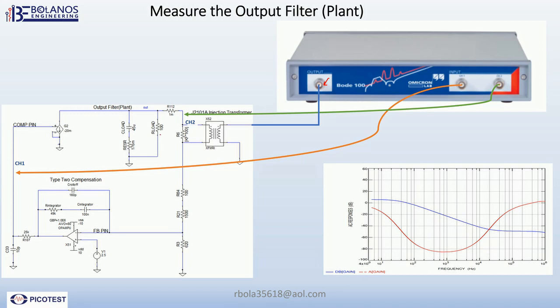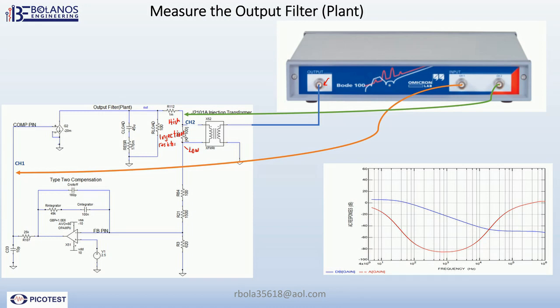R6 is an injection resistor, and I'm going to call this the high side of the injection resistor, and this the low side. Those are the two main test points.